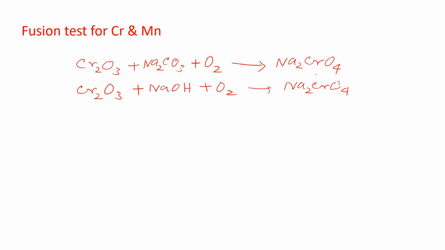Now, you dissolve it along with the mica foil in water and filter, and that filtrate you acidify with acetic acid, boil off the carbon dioxide, and add lead acetate solution. That means to this sodium chromate, Na2CrO4, which is yellow in color, we are adding the lead acetate solution.